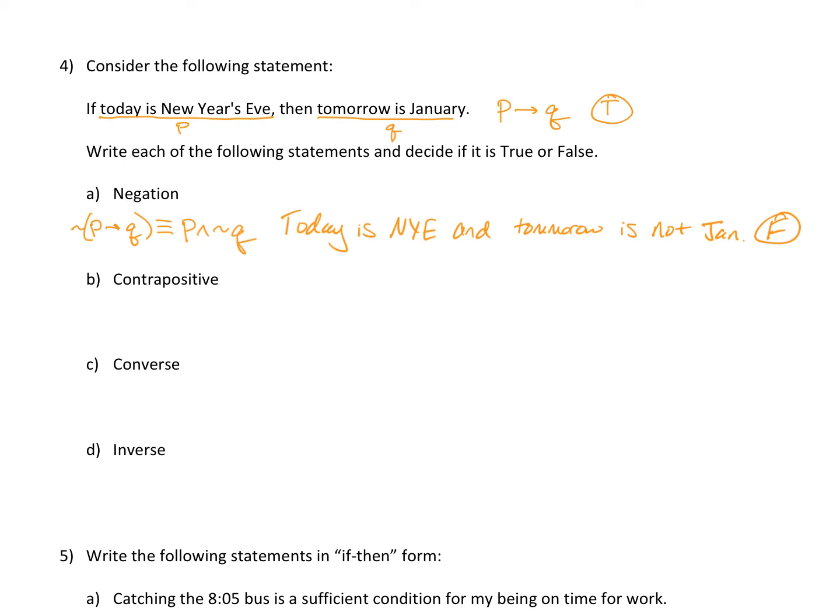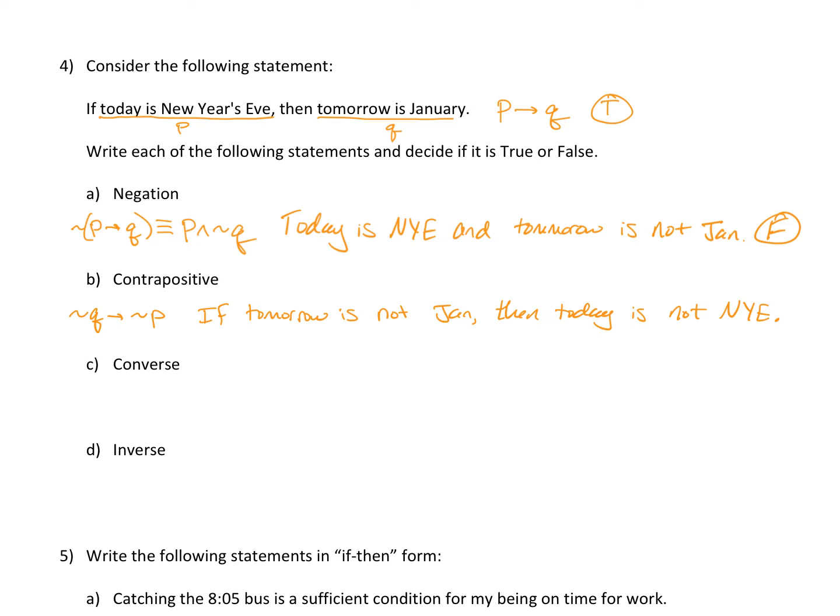Okay, the contrapositive of the original statement. So the contrapositive of P implies Q is not Q implies not P. So in words, that says, if tomorrow is not January, then today is not New Year's Eve.